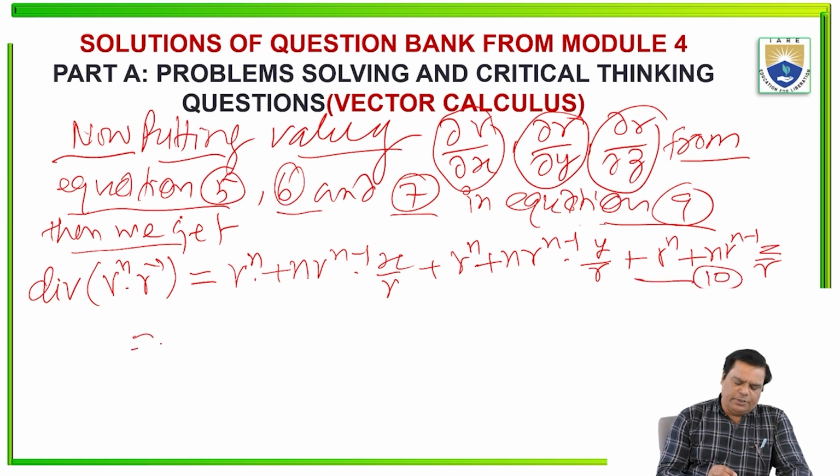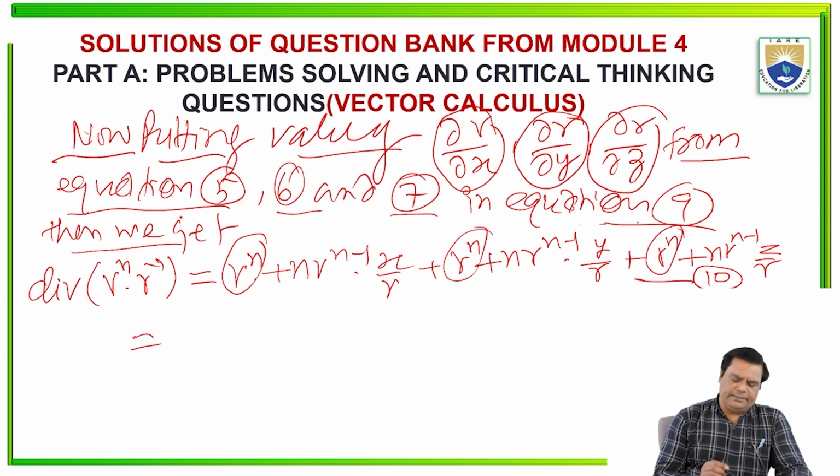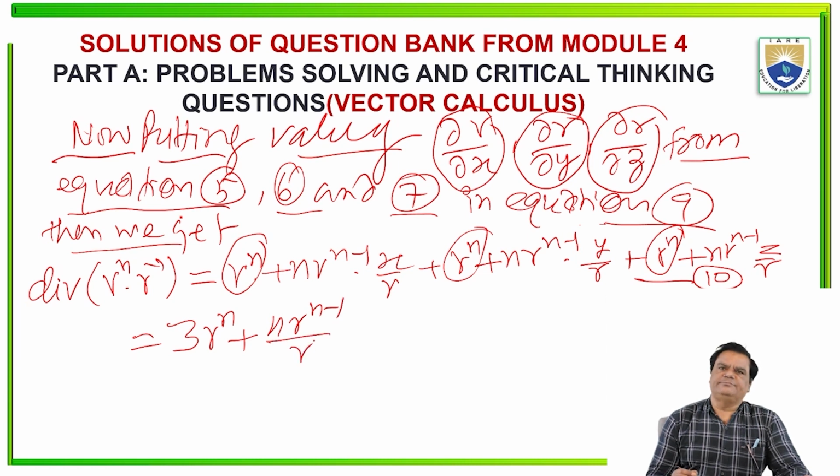Now this is equal to rⁿ three times, so 3rⁿ, plus n rⁿ⁻¹ upon r, which is common.